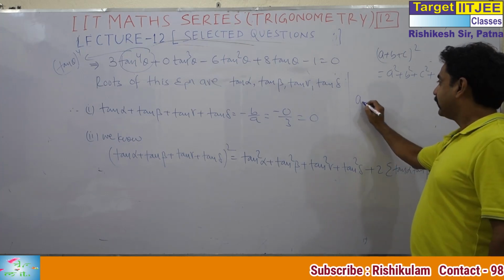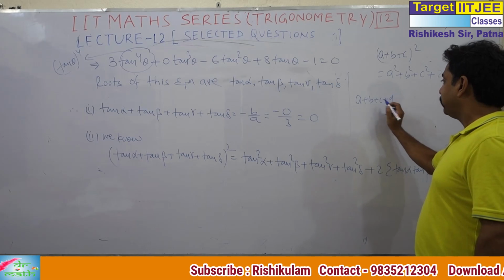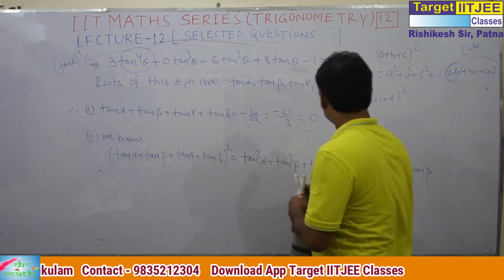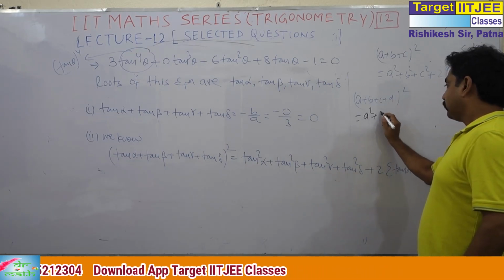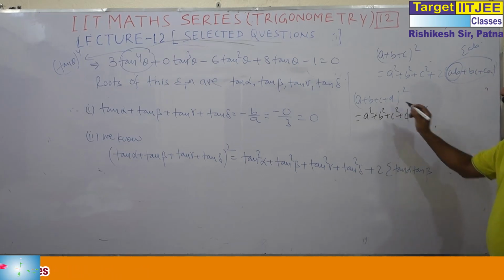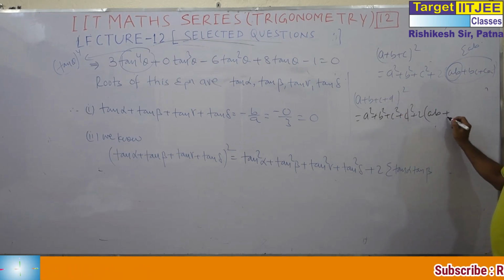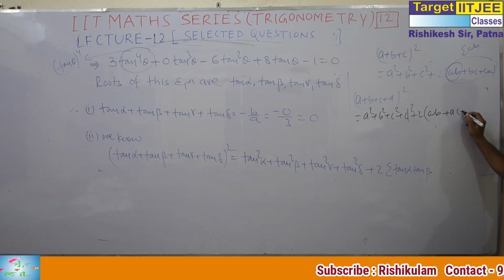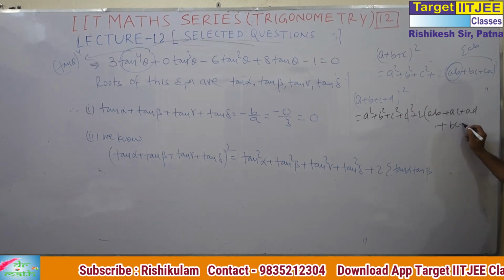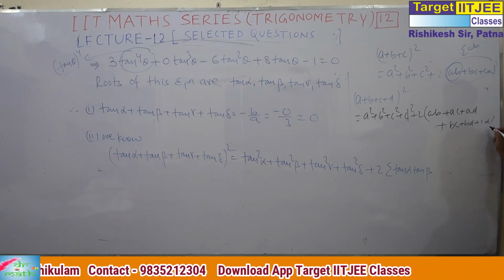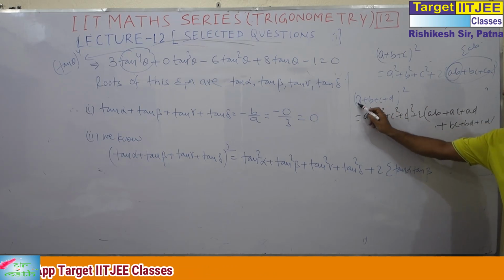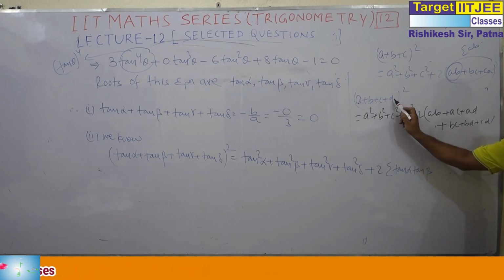When we write a plus b plus c plus d whole square, this will be a square plus b square plus c square plus d square plus 2 times ab plus ac plus ad plus bc plus bd plus cd.